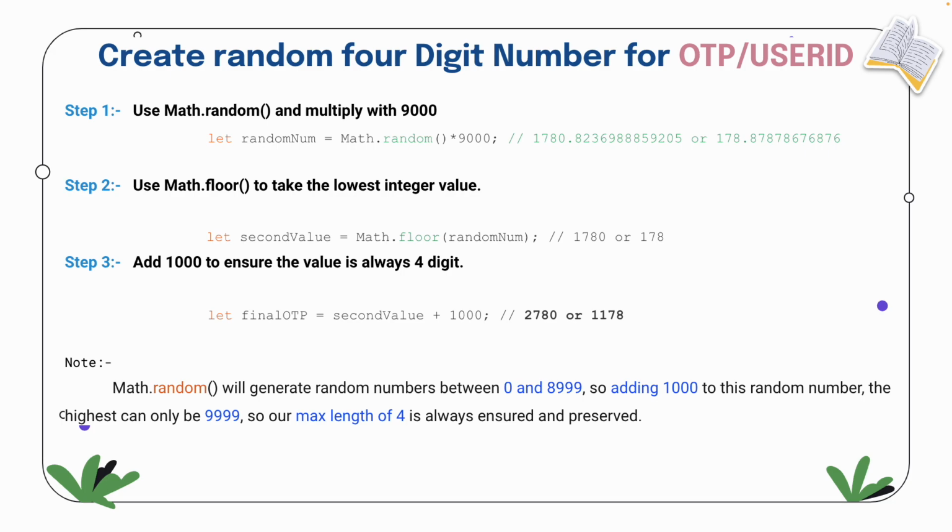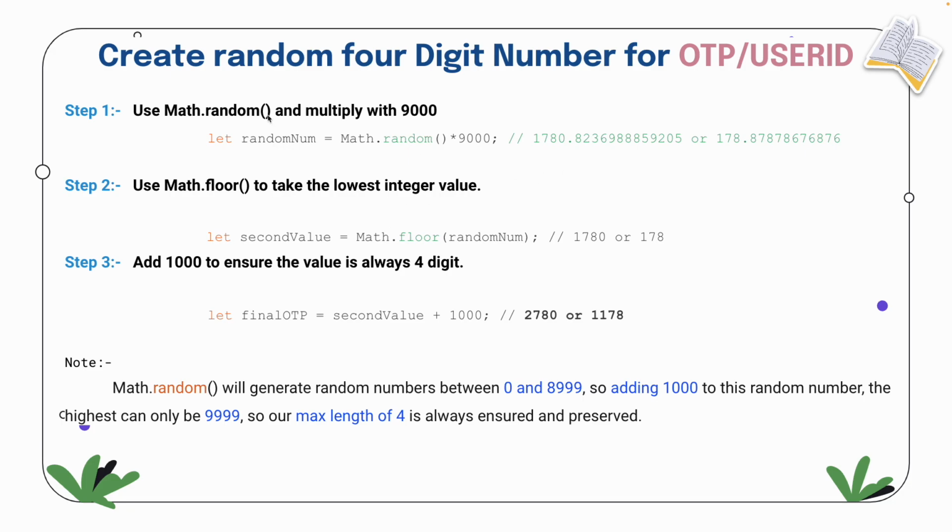Whenever you register or use forgot password in any application like Facebook, Google, you always get a 4-digit unique number. How is that unique number created, how can we create new numbers every time? We are going to create that using all these methods.